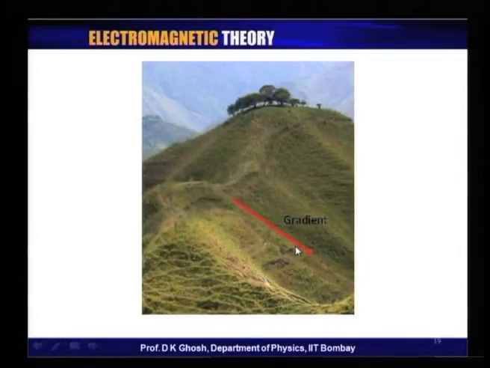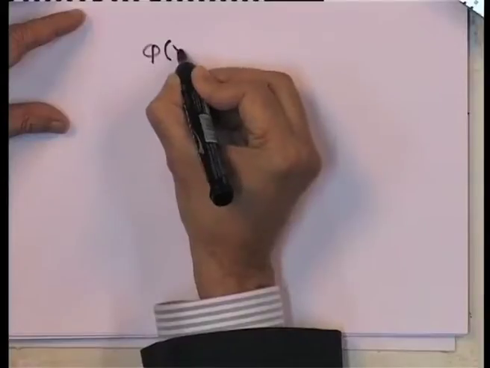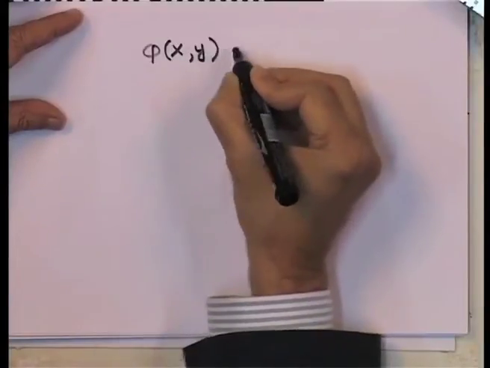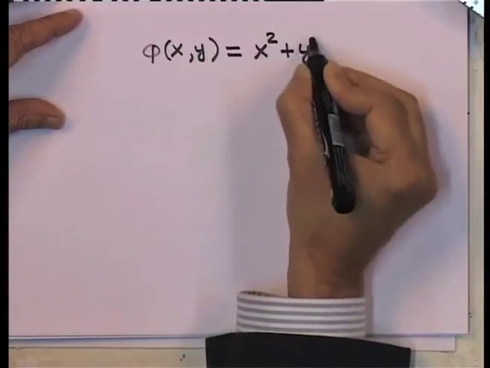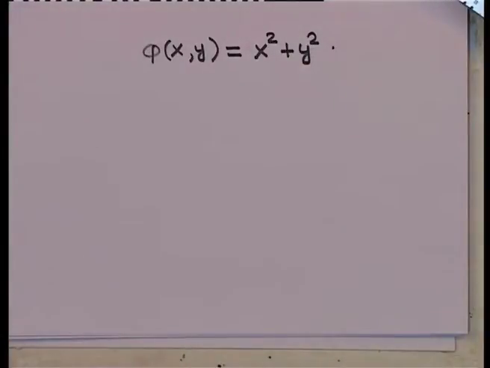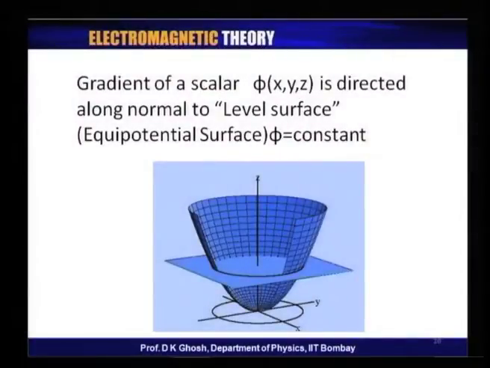So, let us return to that function phi of x, y. Well, we do not really have a z there. So, phi equals x square plus y square. Now, notice that the gradient we just proved is in the direction in which the slope, or the rate of change, is maximum.